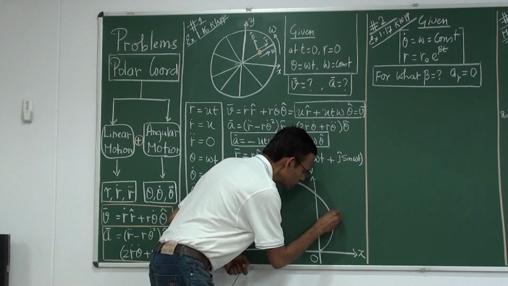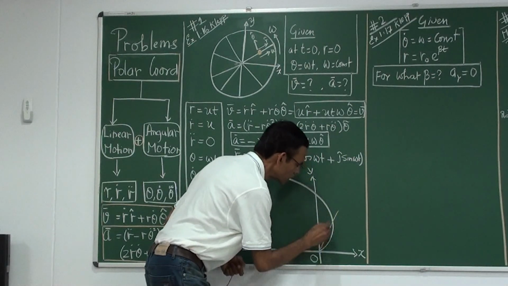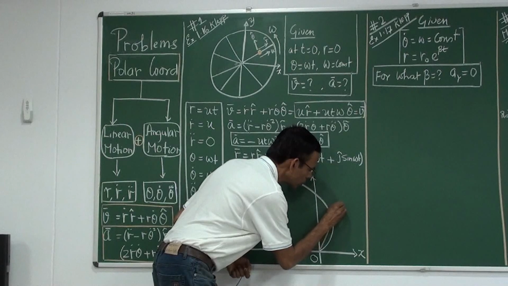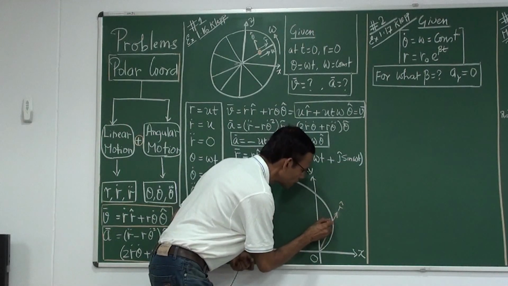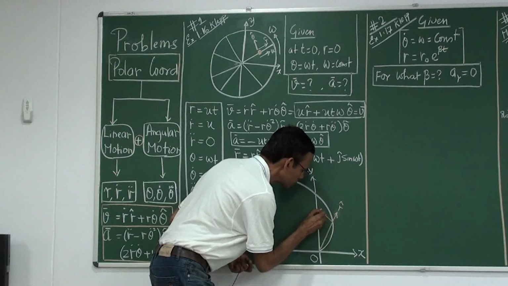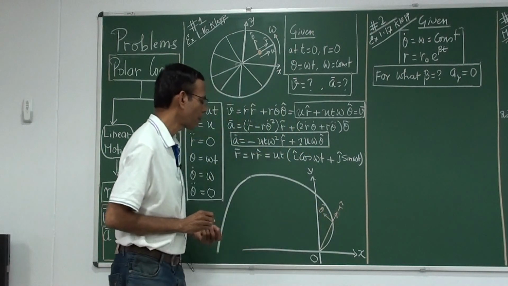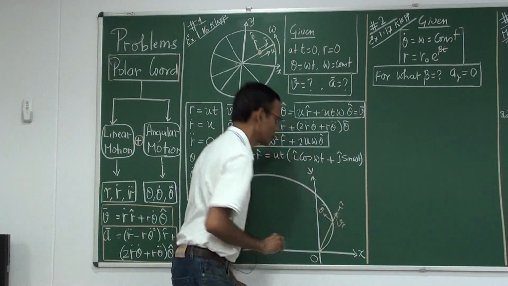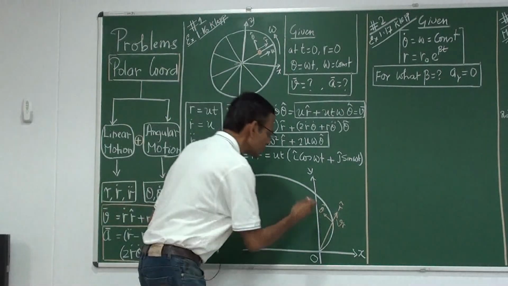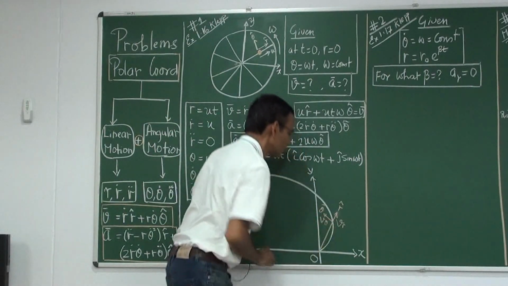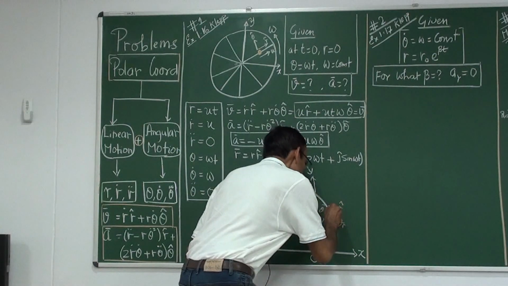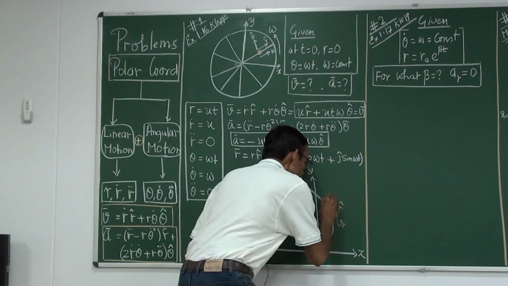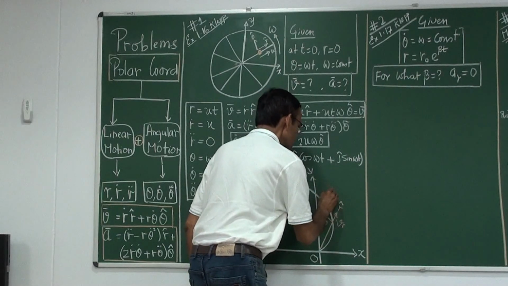So this is my r cap vector, and perpendicular to that is my theta cap vector. Along this direction I have V of r, along this direction I have V of theta, and if I add both of them vectorially, this is the direction of the vector V.